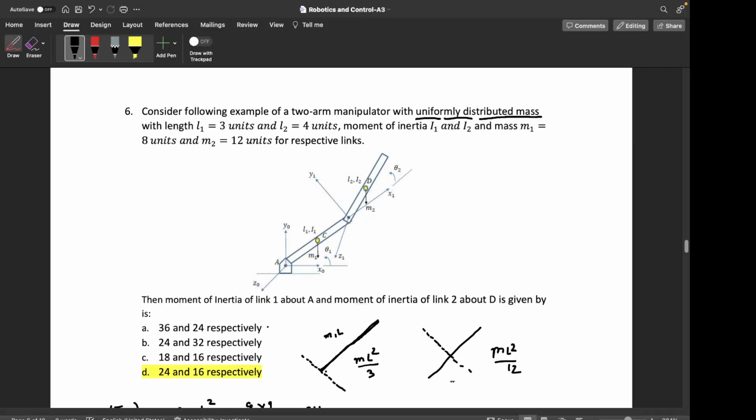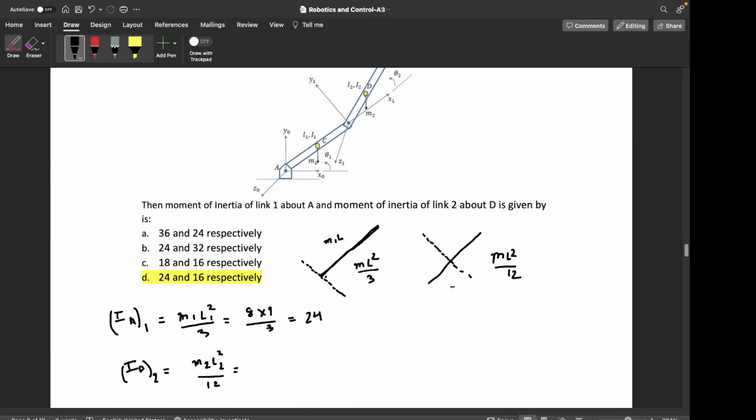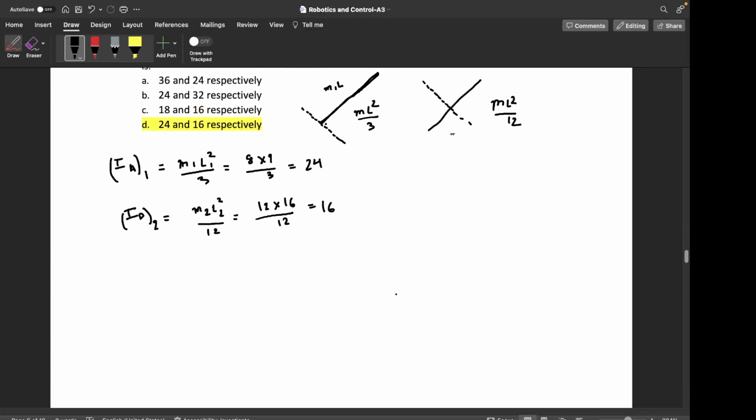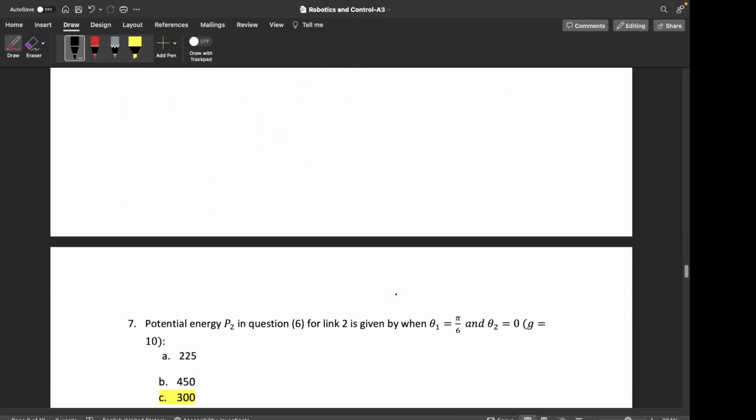So this will give 12 into 16 by 12, which is 16. Okay, so nothing much complicated here.